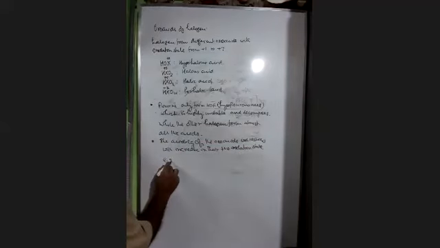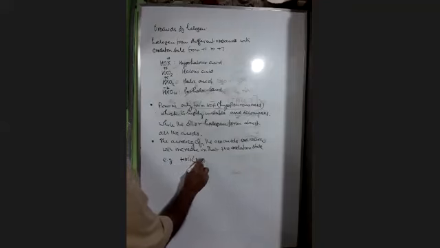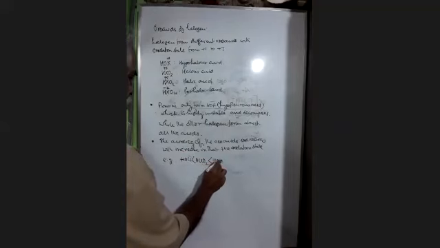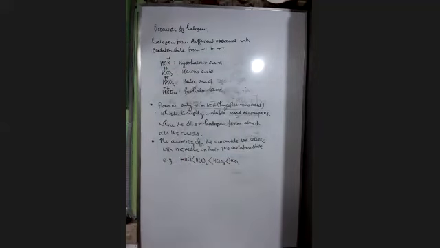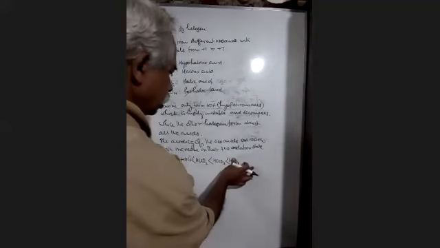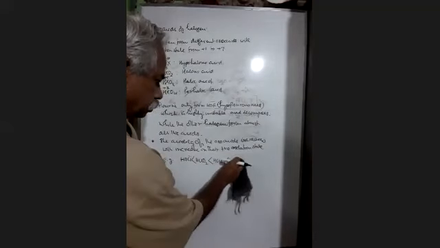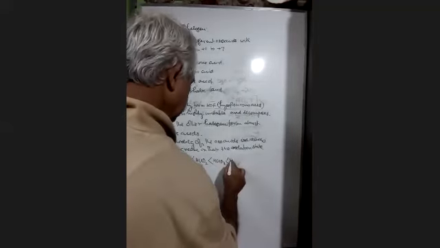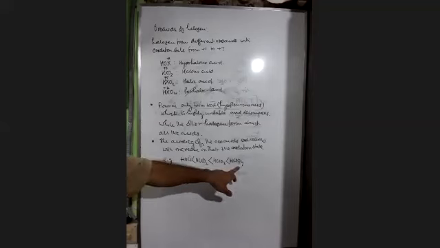HOCl is less acidic than HClO2, HClO3, and HClO4. So again, I'm telling you the names: hypochlorous acid, chlorous acid, chloric acid, perchloric acid.